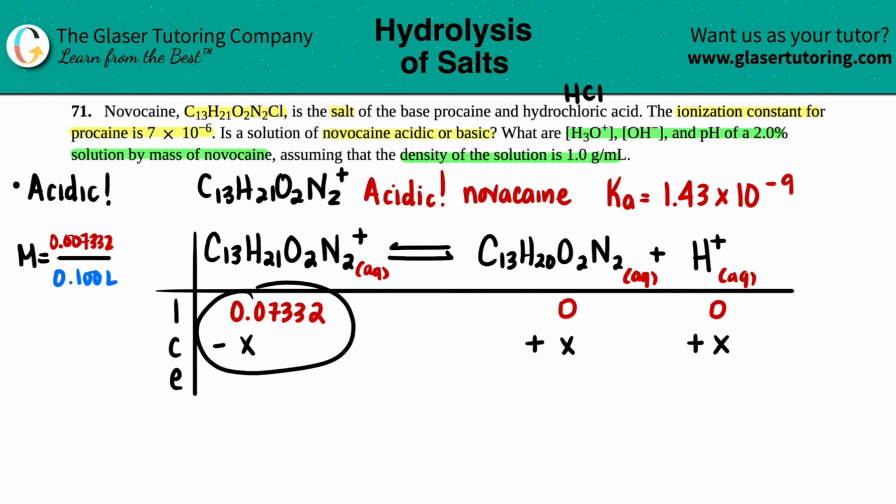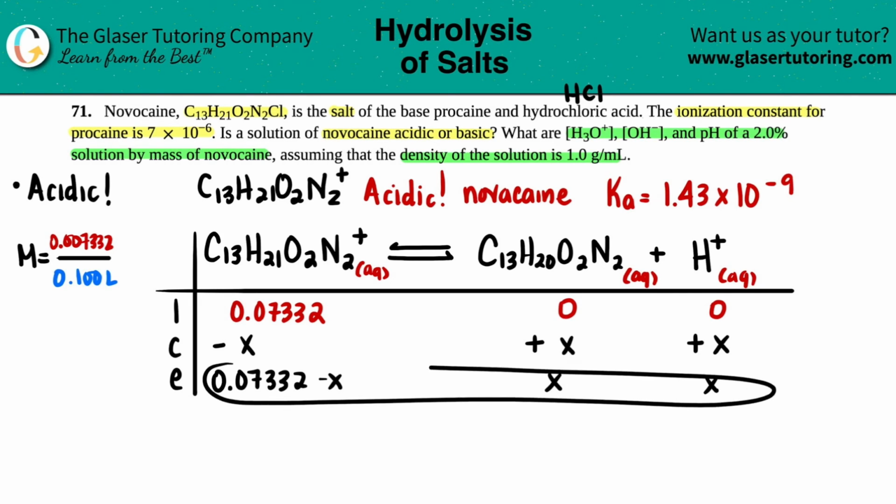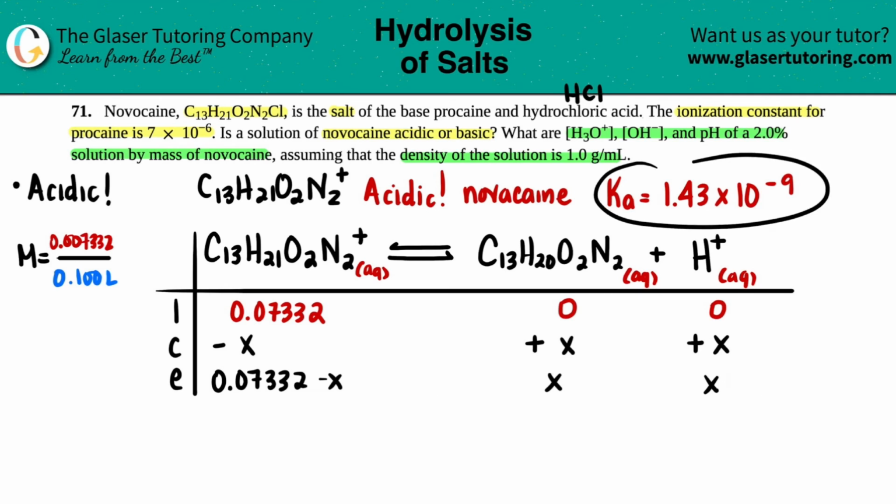So 0.07332 minus X. 0 plus X is just X, and 0 plus X is just X. Now we're going to use this information to plug in with our Ka values.